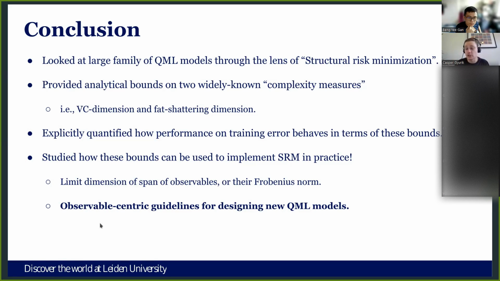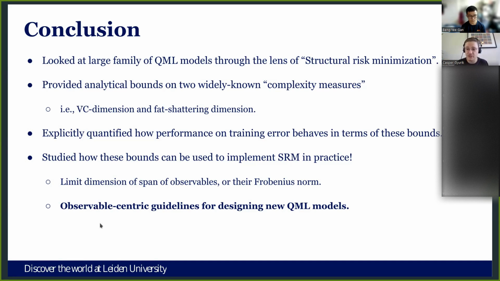And we looked at them through the lens of structural risk minimization. We studied two widely known complexity measures inspired by classical literature that explain what makes a good linear classifier, and at least popularized support vector machines, which are the linear classifier for many people, but there's of course literature behind it that tells you why.